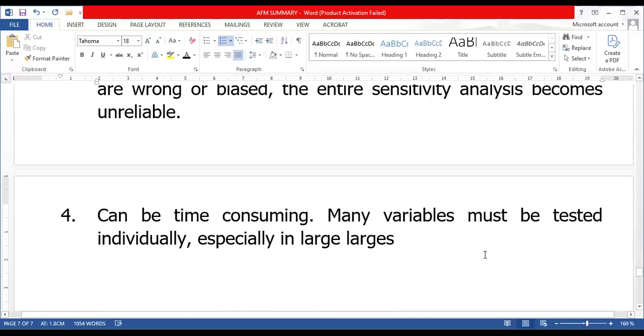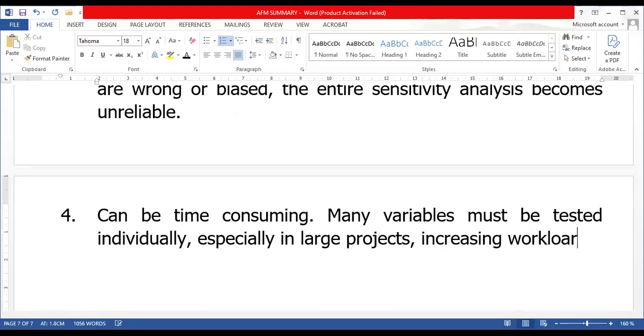You will end up making wrong decisions. So many variables must be tested individually, increasing the workload and time.